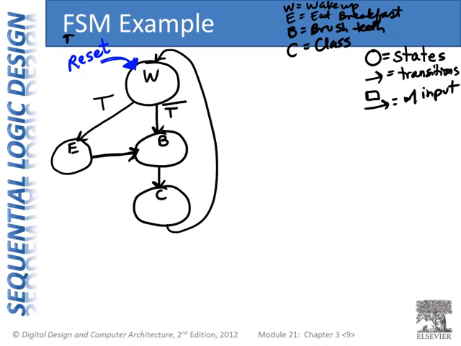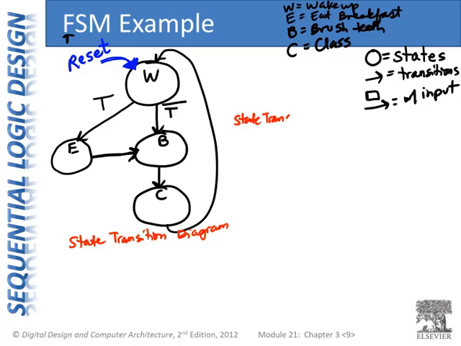Okay, so we started with this, which is called a state transition diagram. It shows our states and our transitions between states. So we have our state transition diagram, and now we're going to write a state transition table. So here is our state transition table.